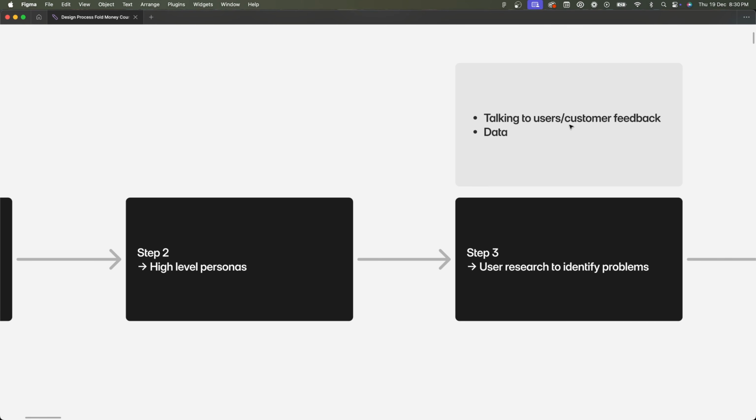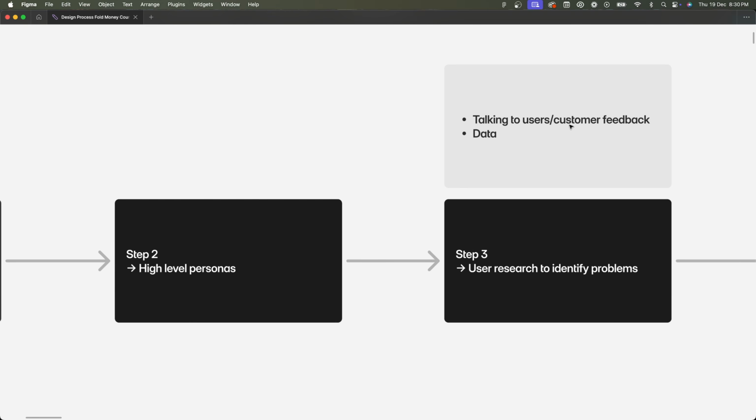Now, in my experience of working on at least 50, 60 different types of projects over my past 6 years in 3 different companies, the only users that I've spoken to are probably internal employees or people who are in close contact with customers. So which could be things like support agents, operations teams, people like that. I have never actually spoken to an actual end user of the product that I am designing.